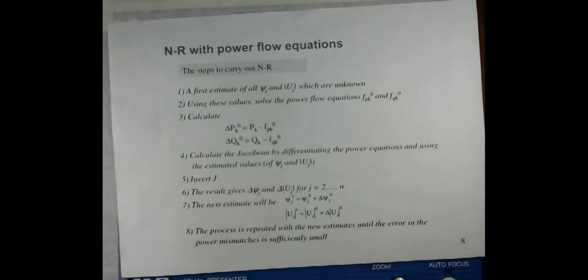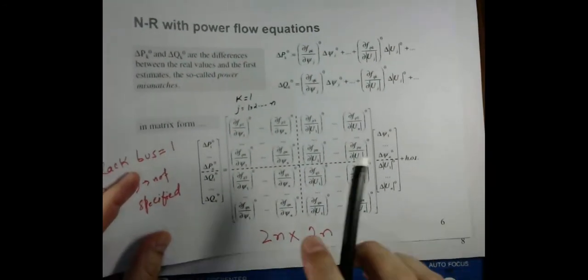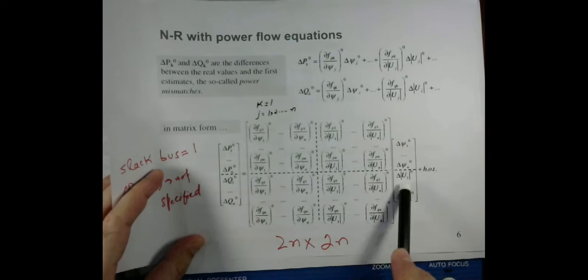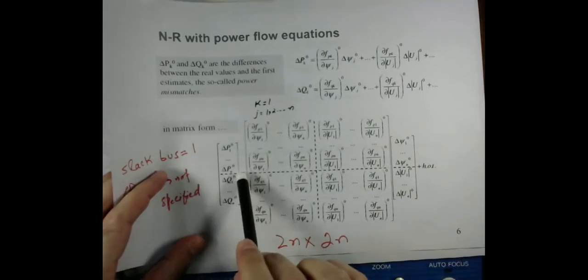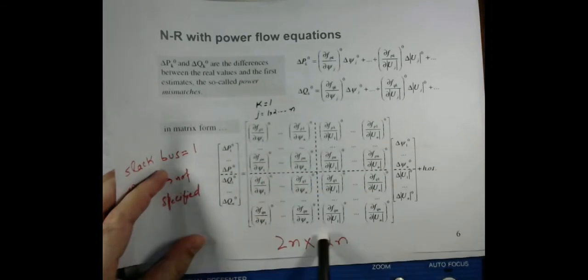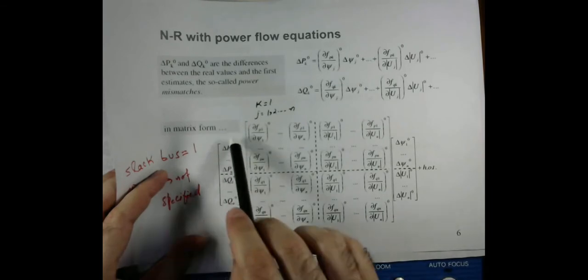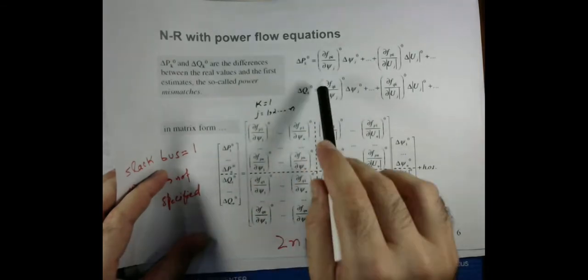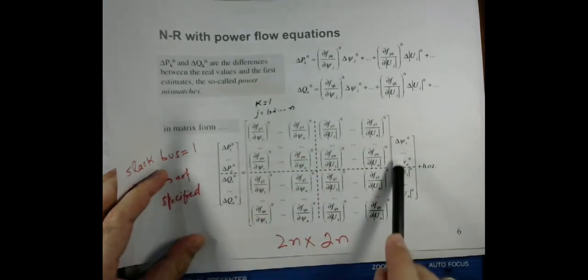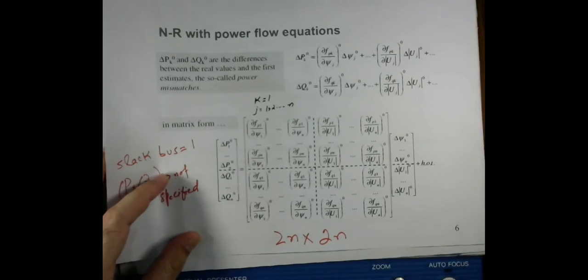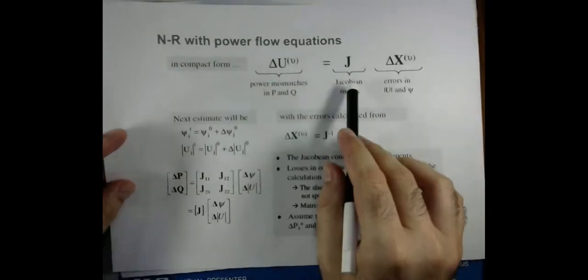Then after calculating the Jacobian matrix, this form of expressing the power mismatches can also be written in the compact form, and we discussed it yesterday.